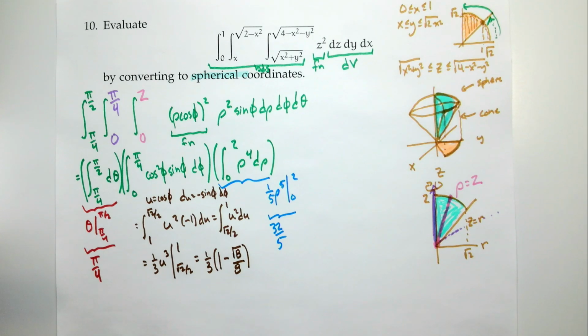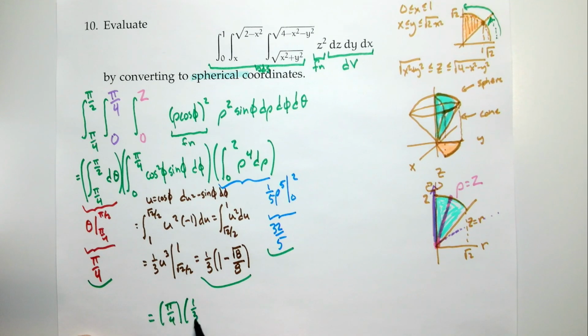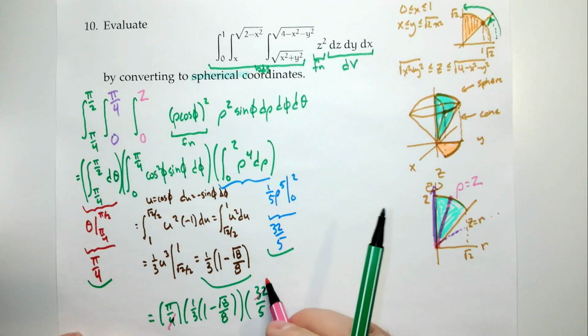All right, so what do we need to do? Well, at this point, what we need to do is combine our three pieces. So there's 1, 2, 3 pieces. So we have pi over 4. Then we have 1/3 times 1 minus root 8 over 8. And then we have 32 over 5. Now, I can take this over 4, that goes into 32. So that would leave me with 8.